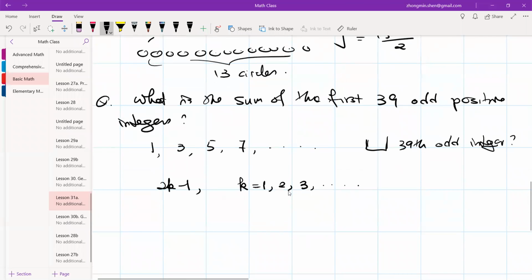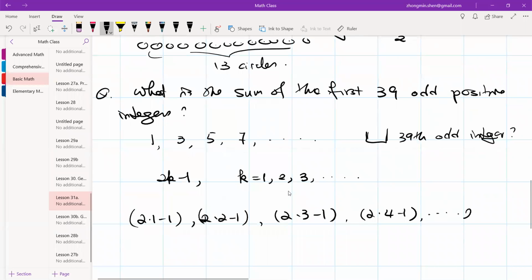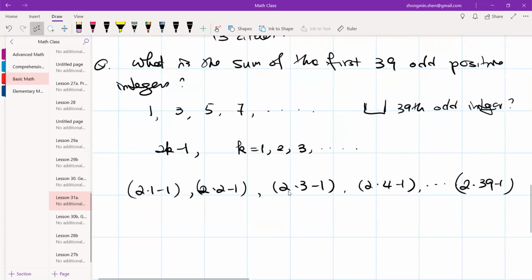The first one is 2 times 1 minus 1, the second one, 3, is 2 times 2 minus 1, the third is 2 times 3 minus 1, and 7 is 2 times 4 minus 1. So every odd number can be expressed in that form. The last one will be 2 times 39 minus 1, because that's the 39th odd number.